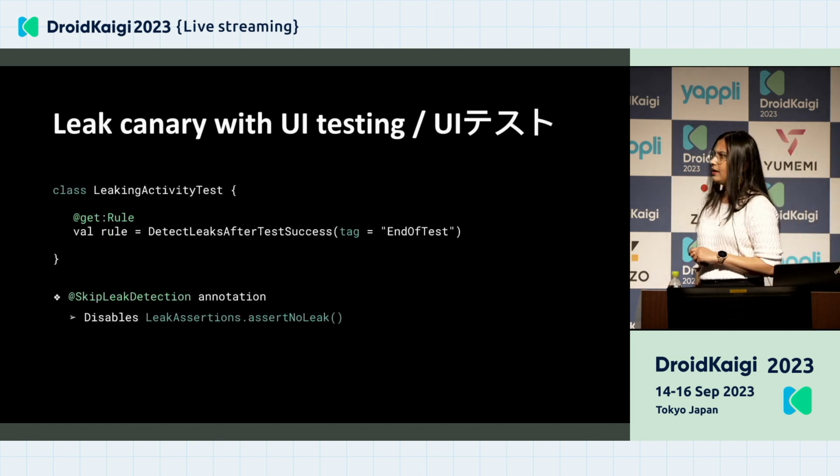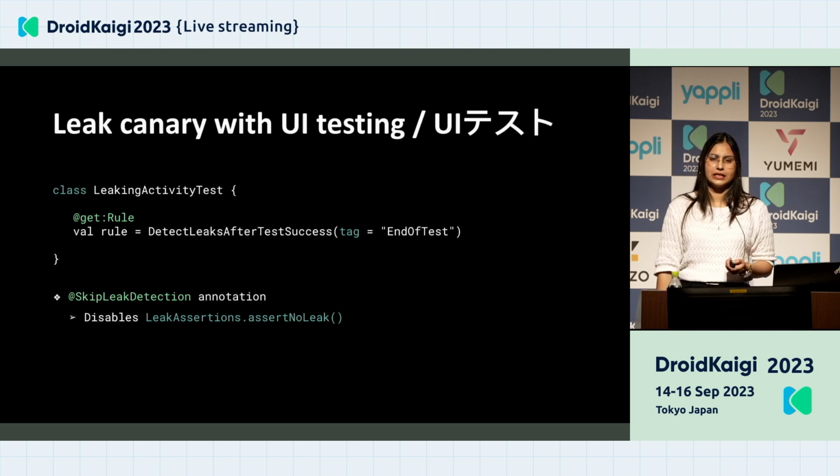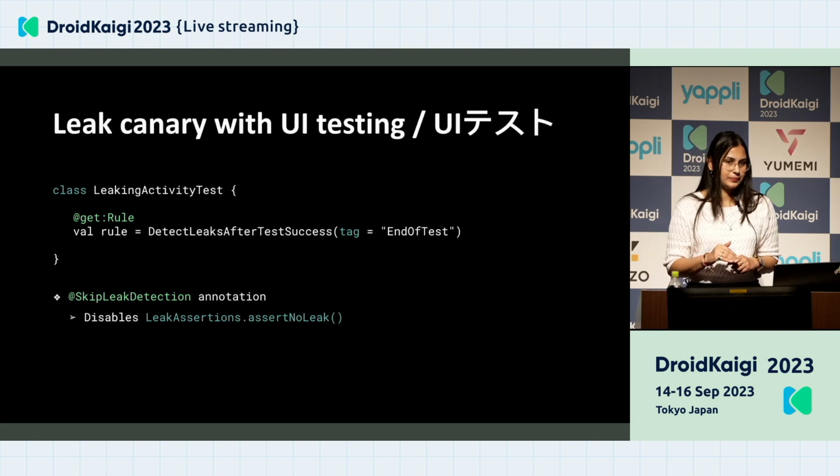But let's say you have a file which has many tests. In that scenario, writing LeakAssertions.assertNoLeak at the end of each test might be tough. So now we have rules as well which you could use. It will automatically execute LeakAssertions.assertNoLeak at the end of each test case.